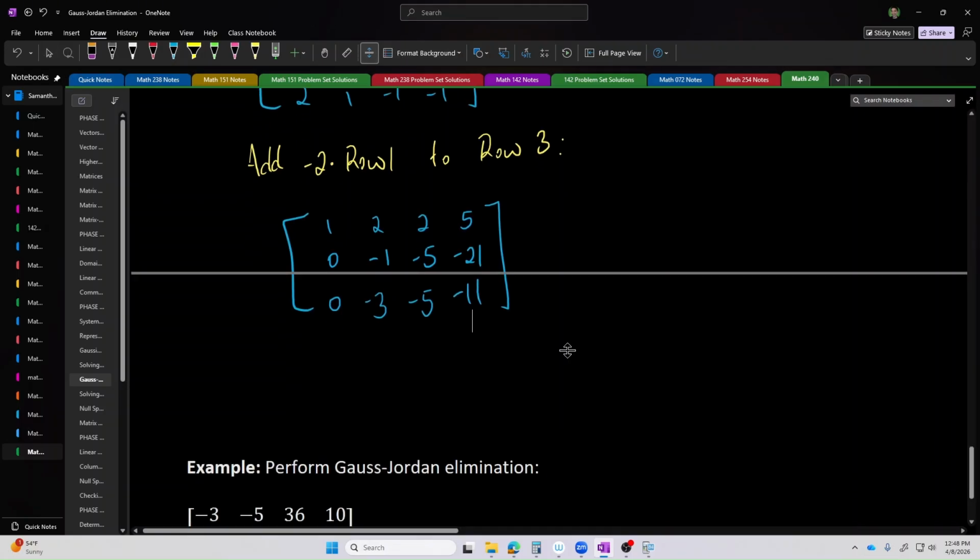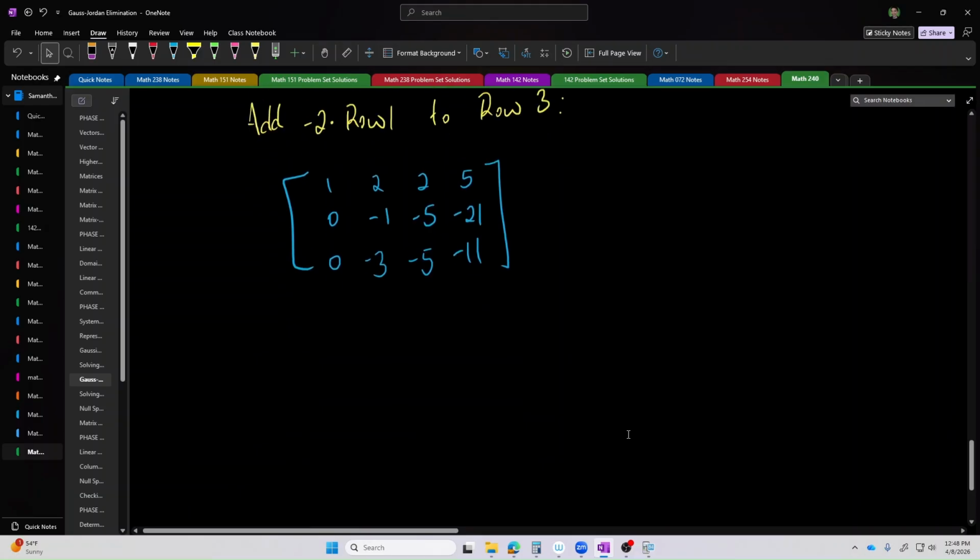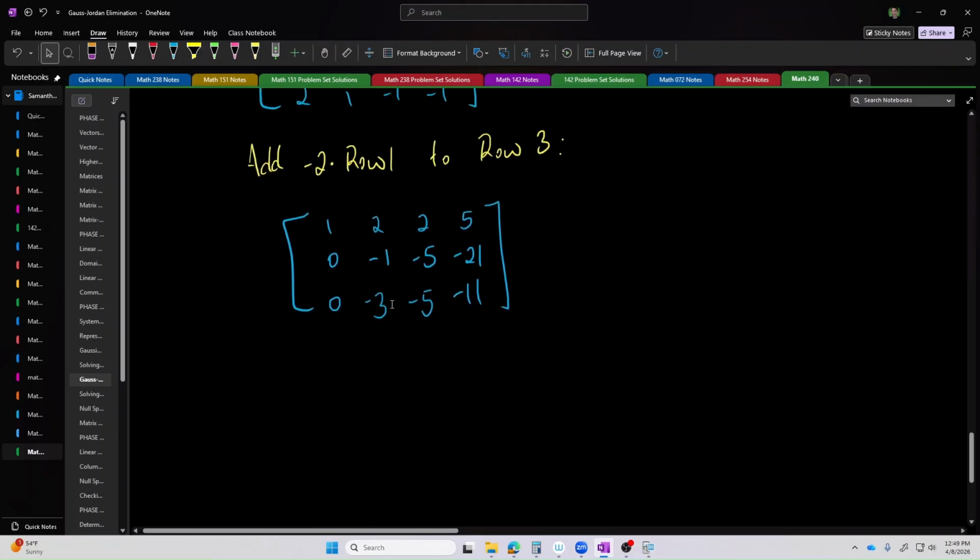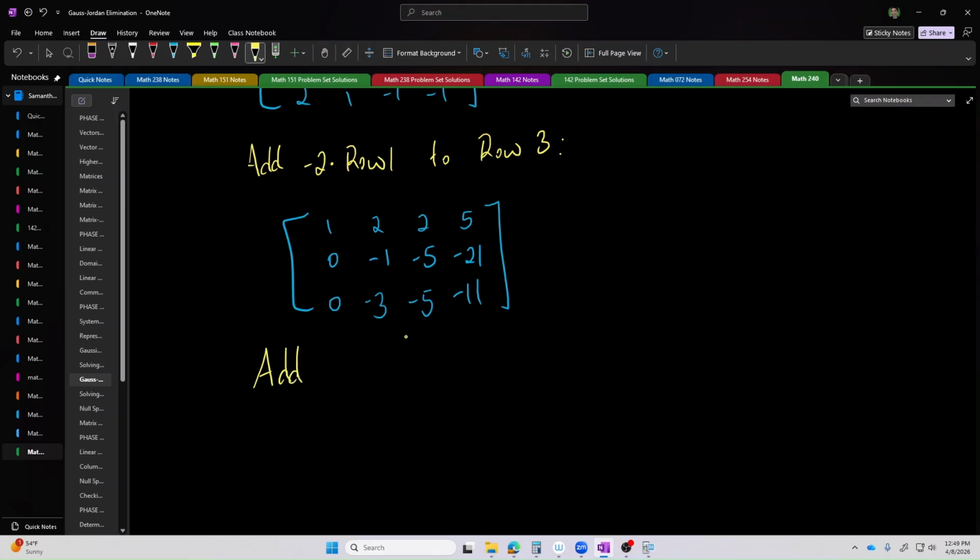And then we're going to go ahead and continue the process by eliminating this pivot underneath the -1 here in the center of the second row. So to get rid of this -3, I'm going to cancel it via a +3. In order to get a +3 in this central position, to cancel out this -3, I will scale the second row by -3.